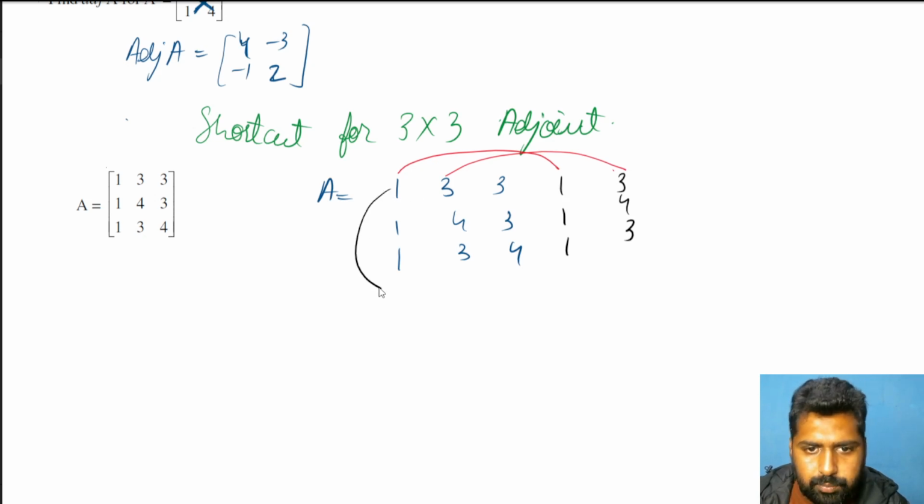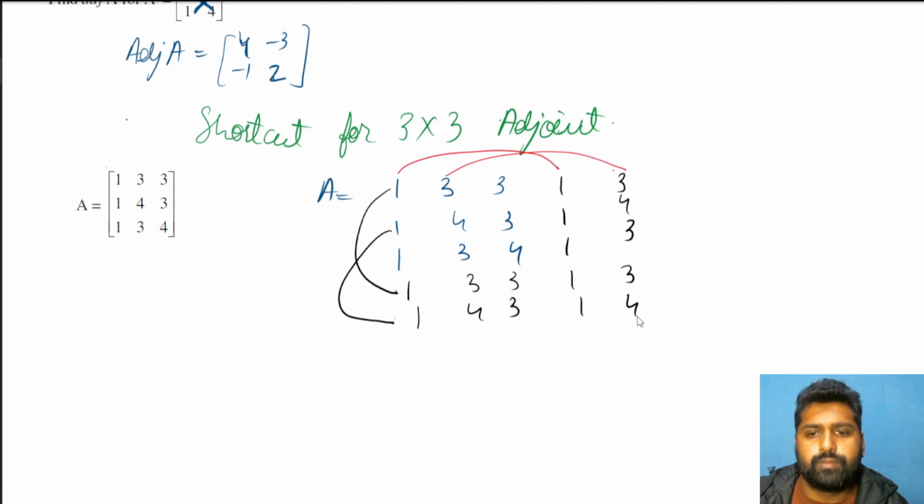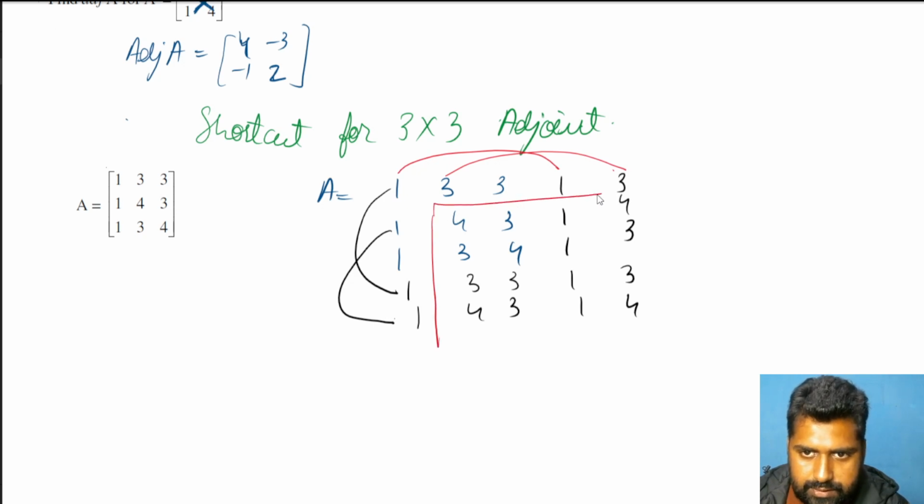After that, copy first row and second row. So 1, 3, 3, 1, 3, 1, 4, 3, 1, 4. Okay. Now that you have done that, leave the first row, first column and first row. Focus on only this. A 4 cross 4, you can see.